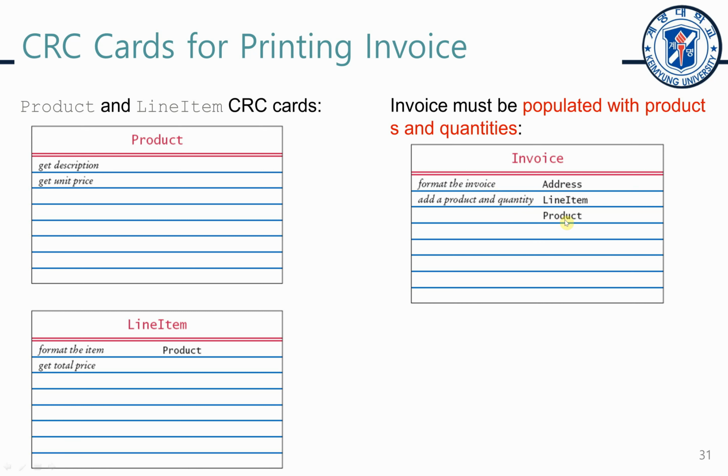So it is a dependency. Invoice depends on the address, line item, and product classes. So that is how you create the relationship between classes. First you have to know how to create a class.